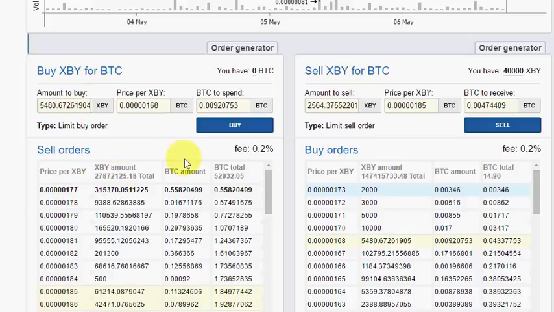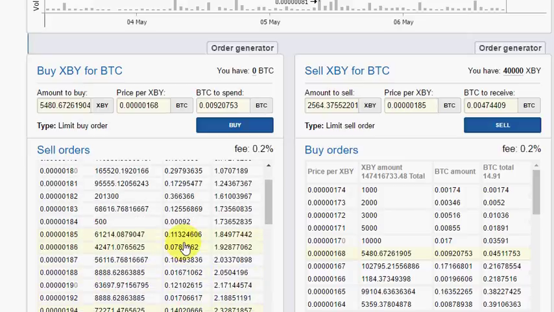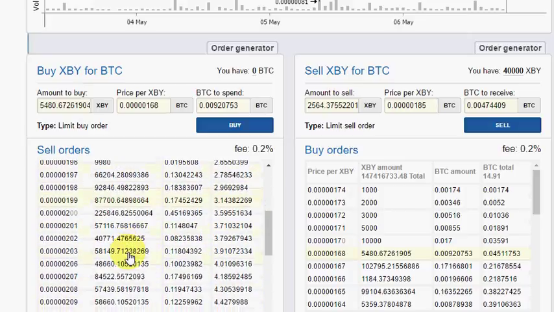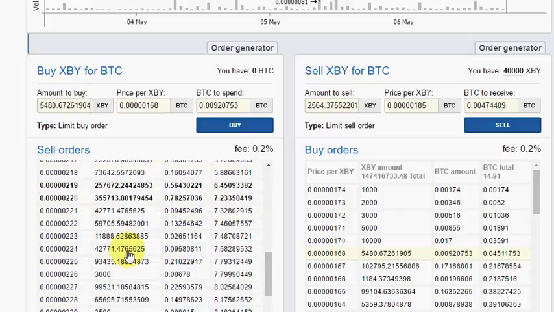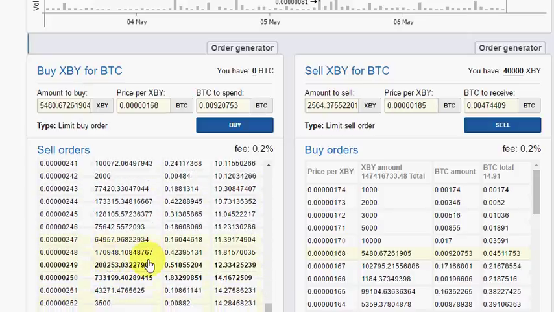But what I also did is I had a sell order at 178, but I removed it because this thing is breaking 180. So why do I want to sell at a point that's probably just going to breach through it? I got sell orders. We can see the yellow color is where a sell order is, all over the place. 235, and then again here, 247, 248, 249.